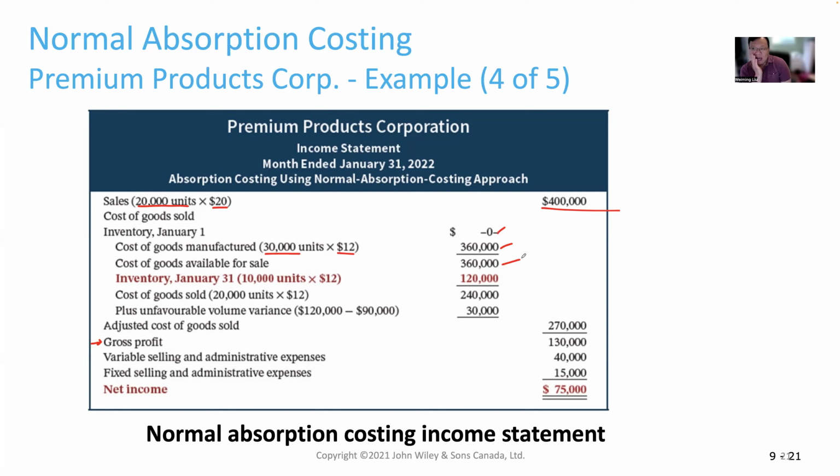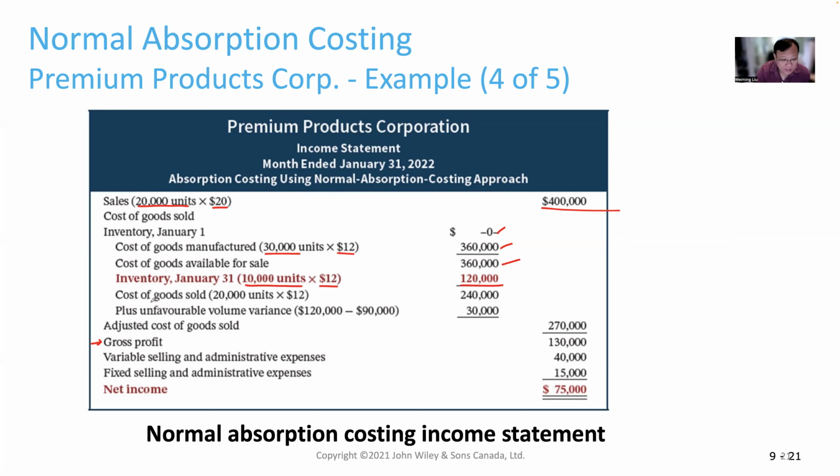What is left in the ending inventory? During the year, the production is 30,000 units. They only sold 20,000 units. So the difference is 10,000 units in the ending inventory. Each one is $12 times 10,000 units. So I have an inventory cost worth 120,000 at the ending inventory.